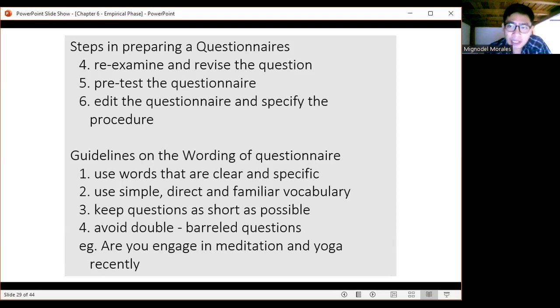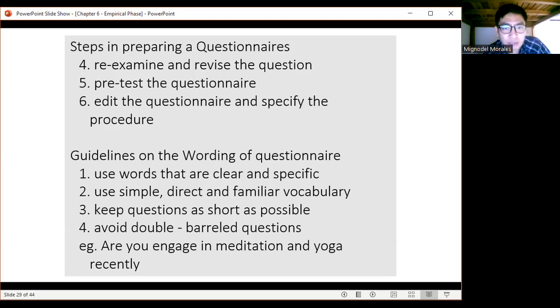Again, I want to emphasize that in creating a questionnaire, let your other members answer it and check if there are confusing items, or items that must not be included under the section that answers a specific objective.